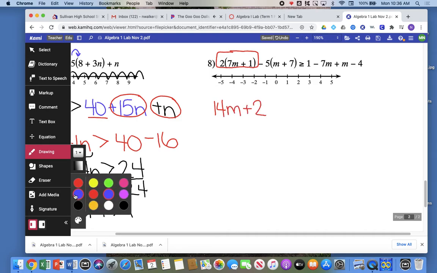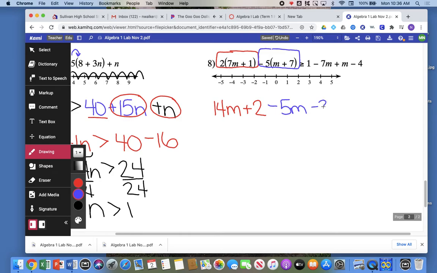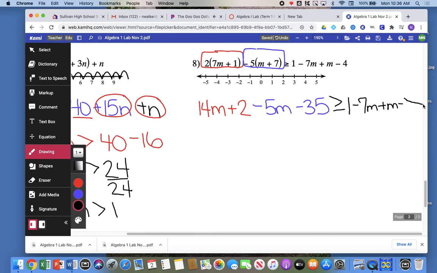Now the second part, I'm distributing a negative 5. That minus sign goes with it, so that's negative 5m, and then minus 35. Now the rest of it just comes right down: greater than or equal to 1 minus 7m plus m minus 4.